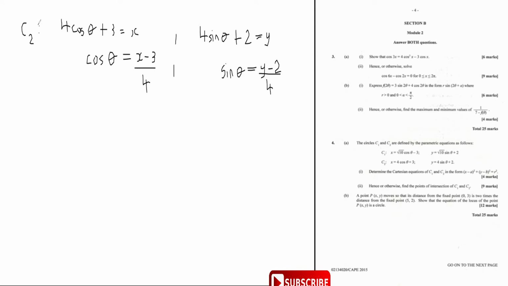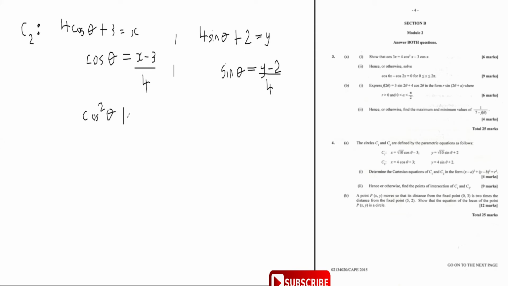Now we have cos theta, we have sine theta. We can go ahead and use the identity that we know, that cos square theta plus sine square theta is equal to 1.